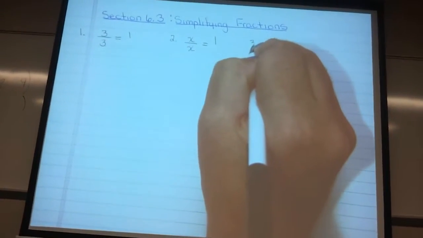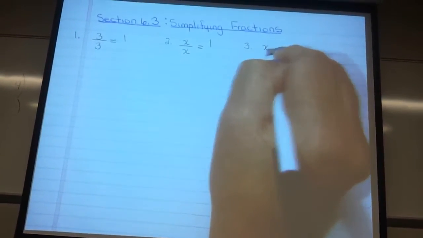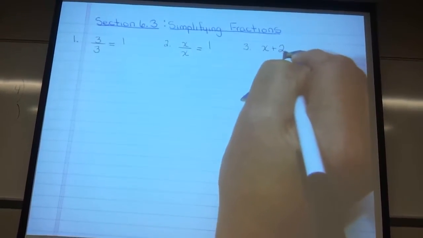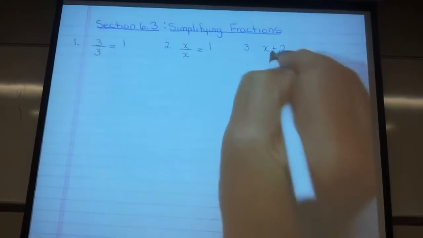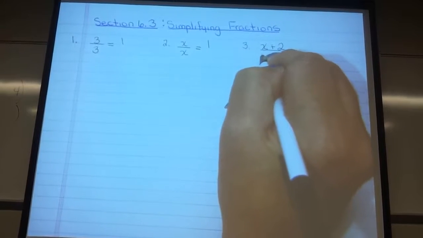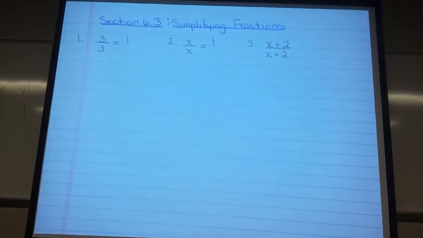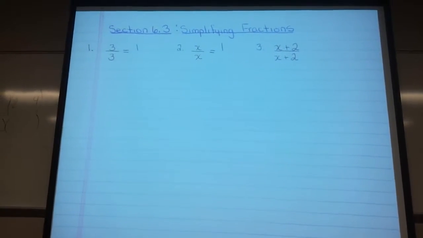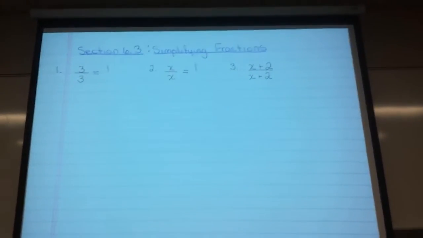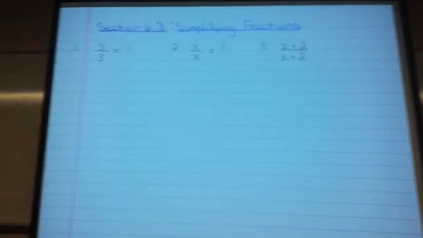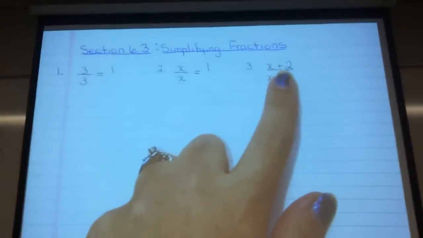So what I'm getting at, if I had a binomial, x plus 2, over the same binomial, x plus 2, it's still going to equal 1, because it doesn't matter what number you choose for x, it's still going to reduce down to 1. You had chosen 6. If I put 6 here, what would you get on top? 8.